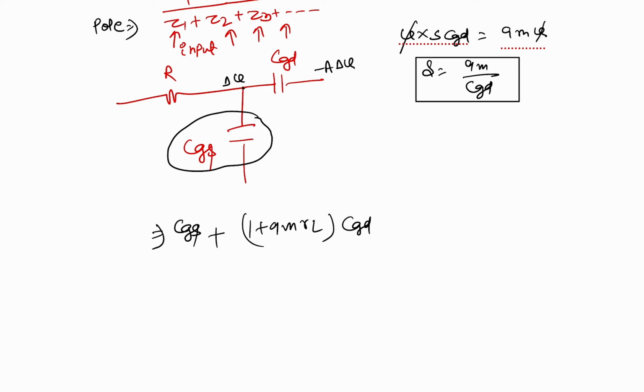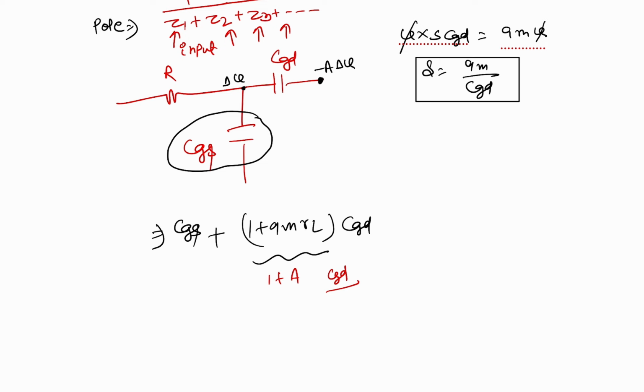From this node you will see, if you give delta V here, you will get minus A times delta V, and this minus A delta V is coming from the gain stage of the common source. So we will get 1 plus A times CGD.